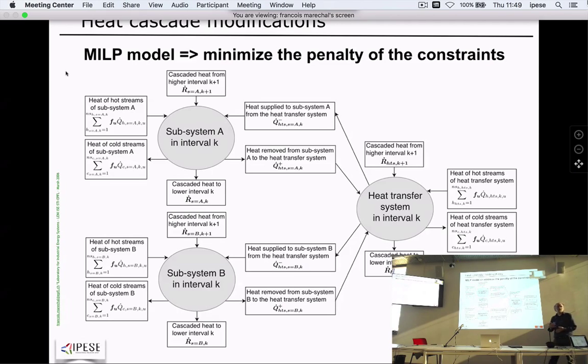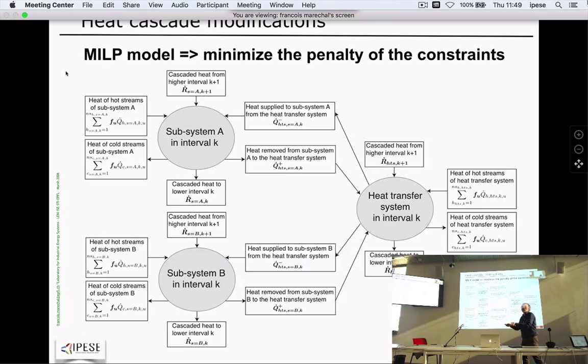So it's similar to what I have shown before with the heat load distribution. I'm going to make finally a subsystem here, which will exchange with itself, and that is going to have a new additional variable that is going to say what is the amount of heat that I'm going to deliver to the rest of the world.